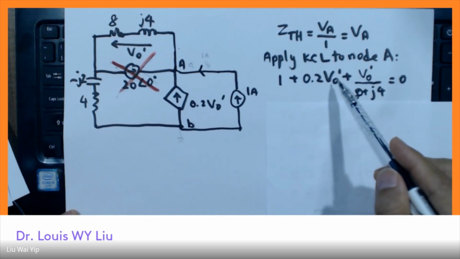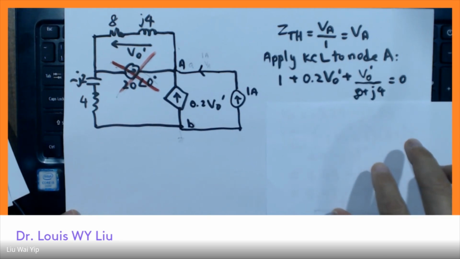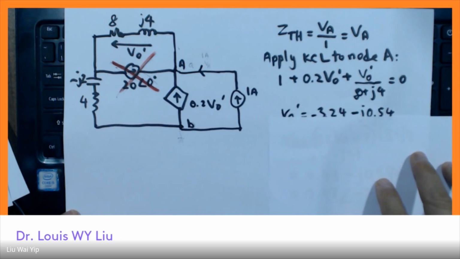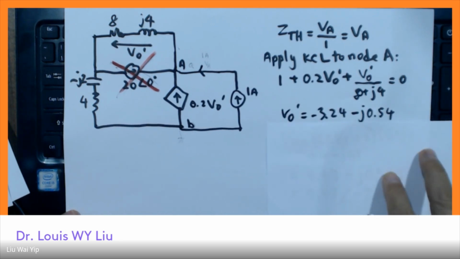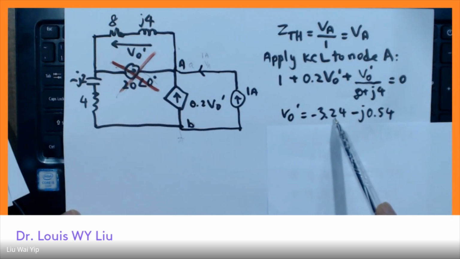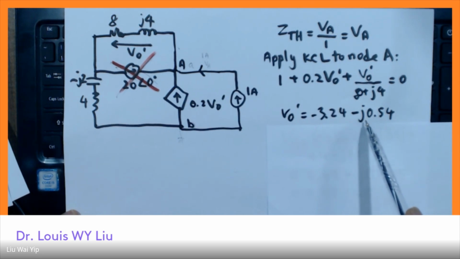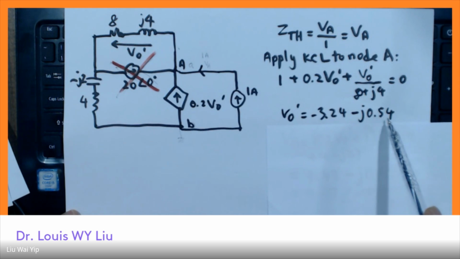So if you solve this equation, you will get V0 pound equal to this value, V0 pound equals minus 3.24 minus j times 0.54.